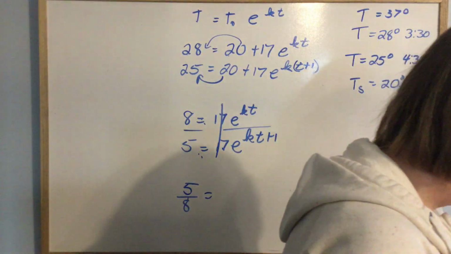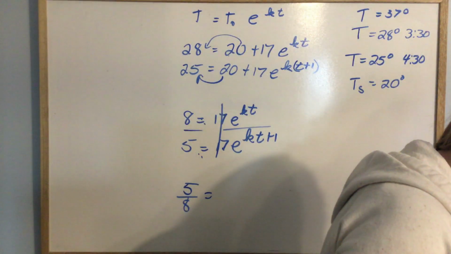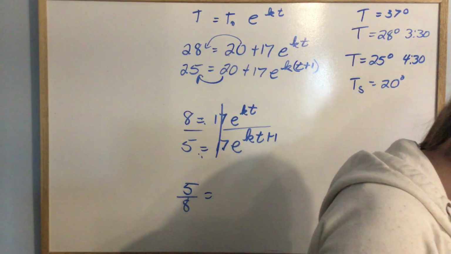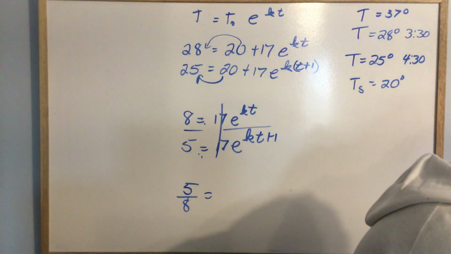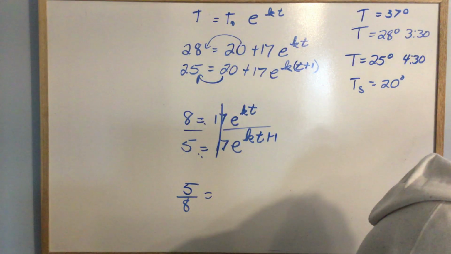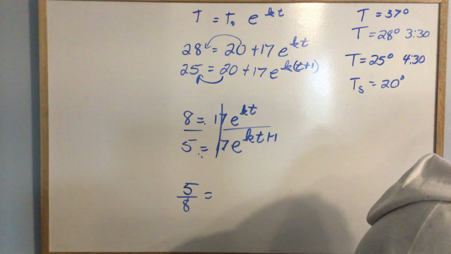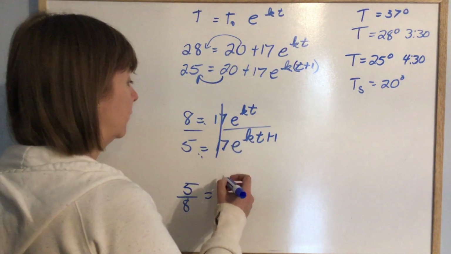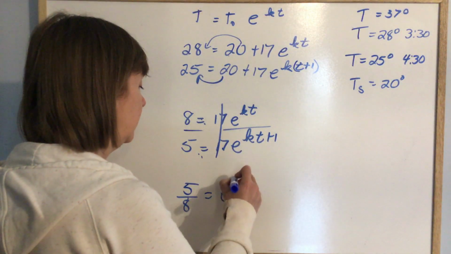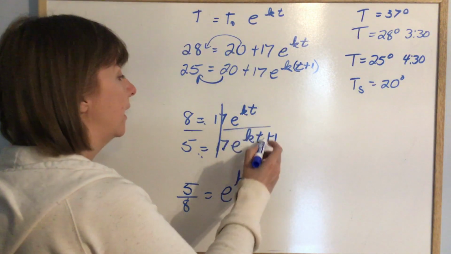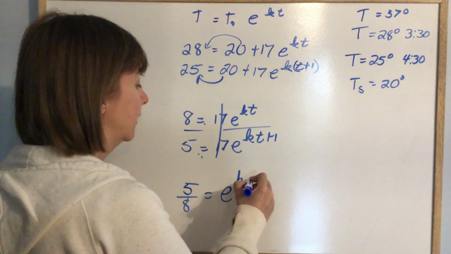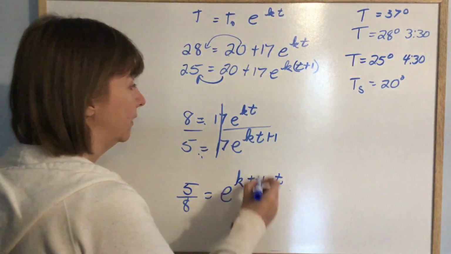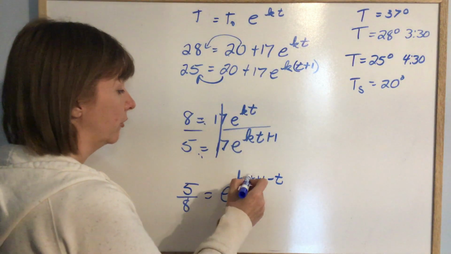And then we actually subtract. So it would be e to the k, and I would be subtracting t plus 1 minus t. I would be subtracting those two.